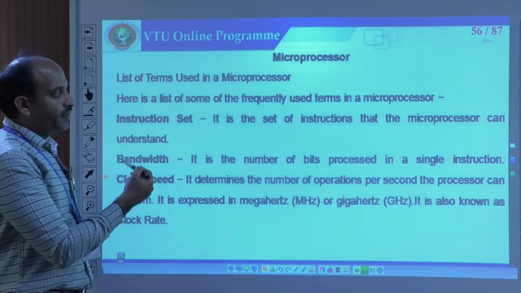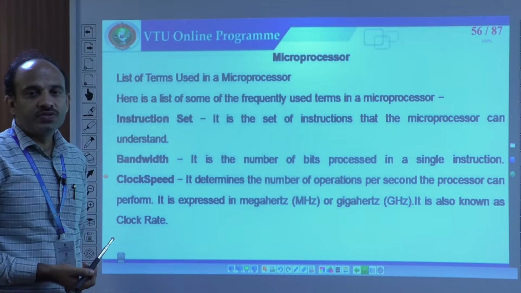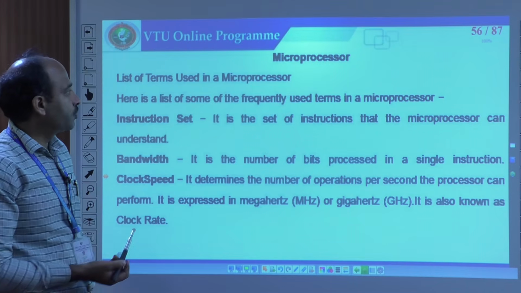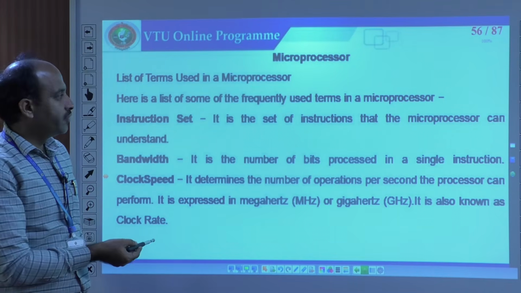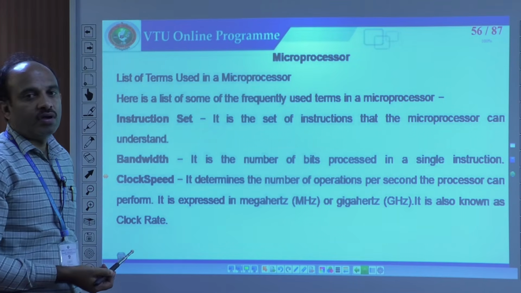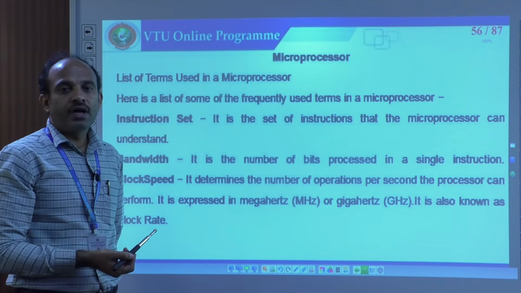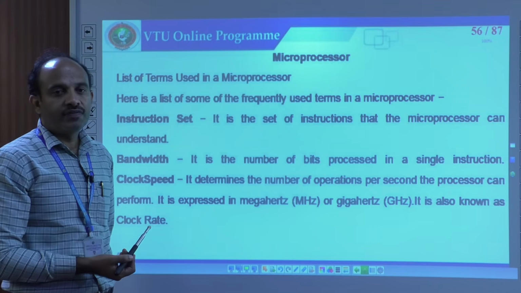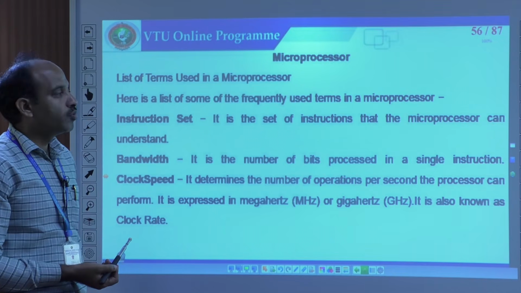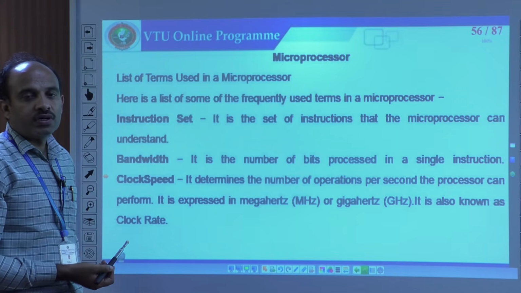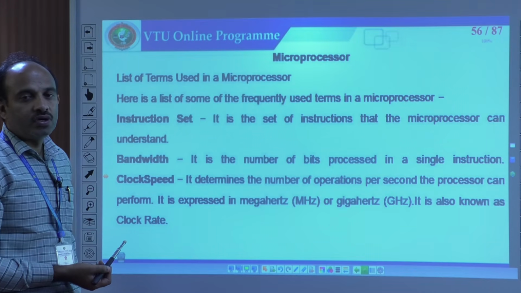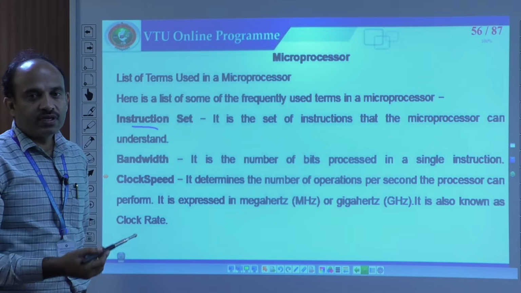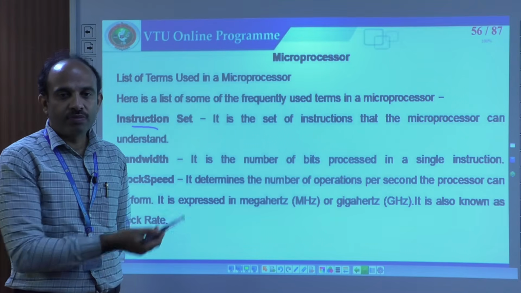Now, what are the important terms which we use in the microprocessor? Here we have given a list of the terms which we use very commonly or frequently whenever we talk about the microprocessor. One is instruction set. That is what we have seen, right? Instructions will be stored in the memory, in the previous slide.